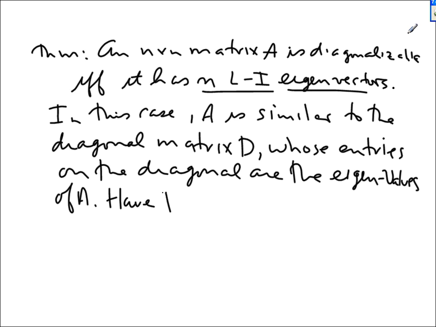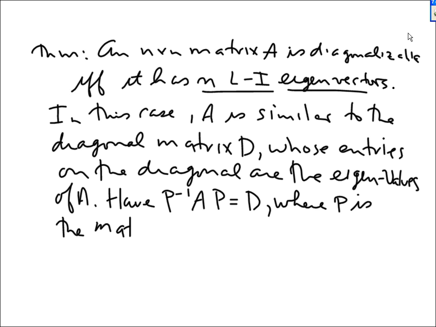So far what you have is that P inverse AP is equal to D. So what's P? Where P is the matrix whose columns are the eigenvectors.